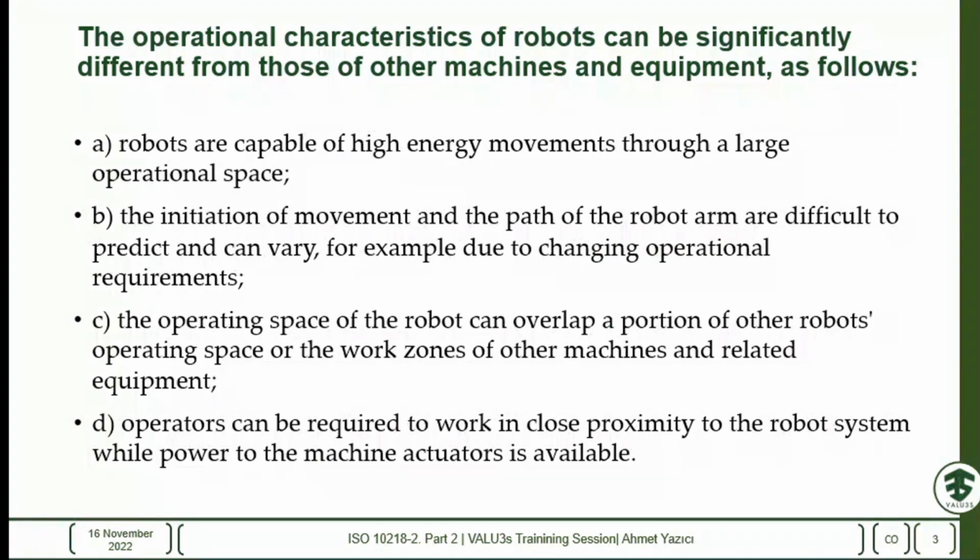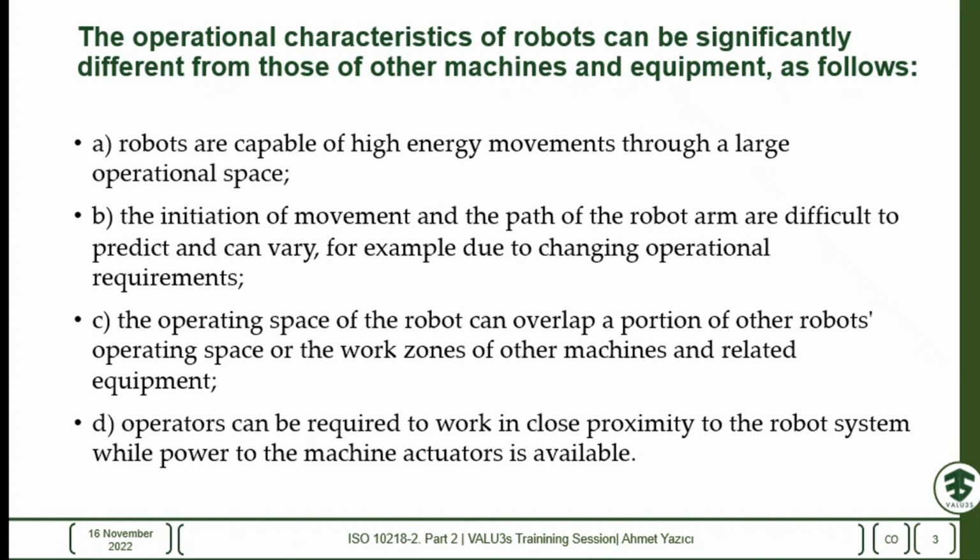The operational characteristics of a robot can be significantly different from other machines and equipment, as you know. And with the high usage of artificial intelligence and autonomy taking place, current industrial robots also have different kinds of characteristics.